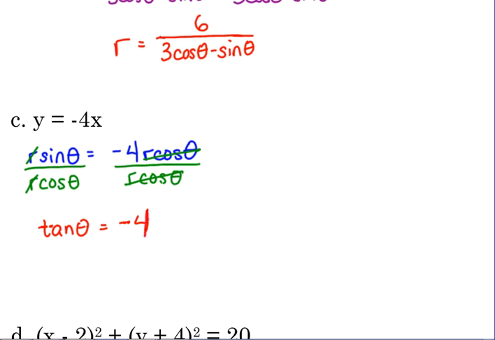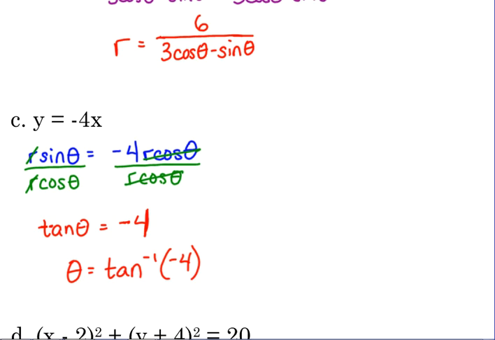Now, typically our equations are always solved for a variable. This is not solved for a variable. The variable is inside the tangent function. So if we were going to solve it, that would be theta equals the inverse tangent of negative 4. To solve for theta, use the inverse tangent.